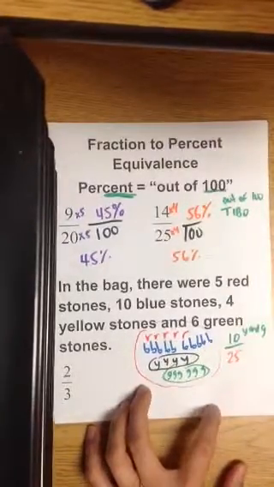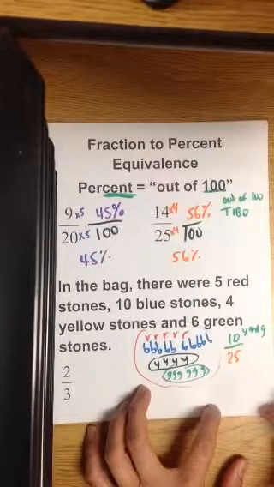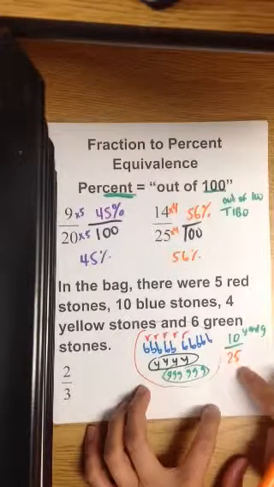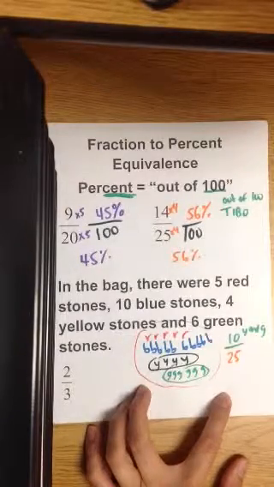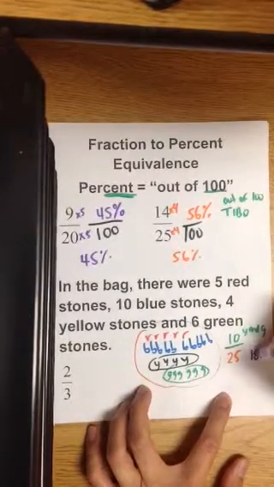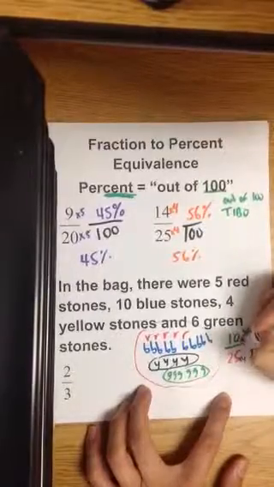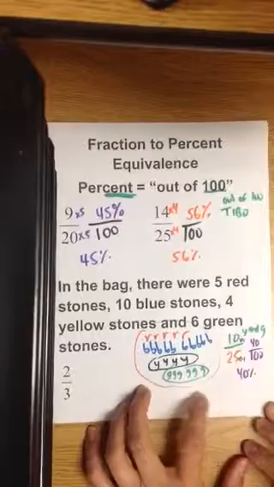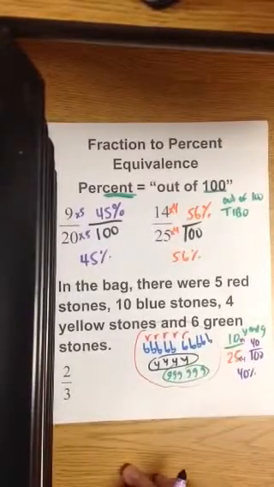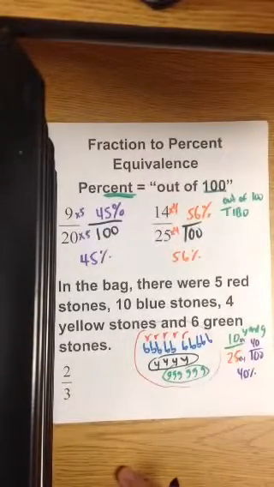So there are 10 green and yellow out of 25 in the bag. So does 10/25 go out of 100 or Tae Bo? Out of 100. So how many quarters go into 100? Times 4, 40 hundredths, or 40%. So 40%, a little less than half of the bag, are yellow and green.